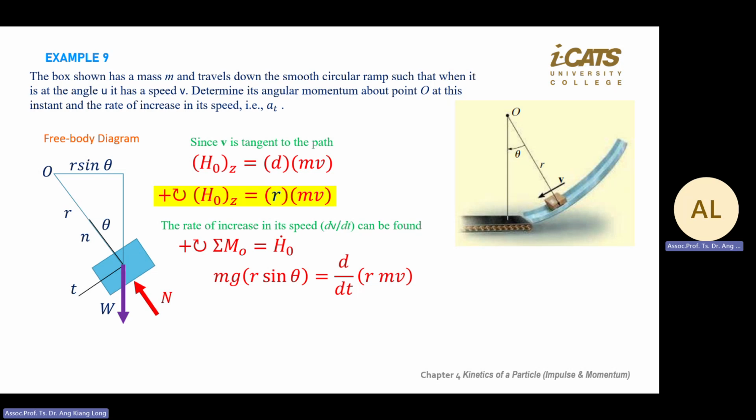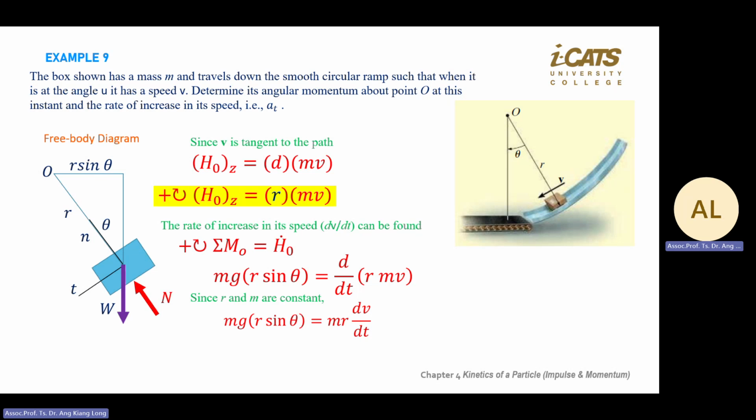So there's R multiplied by mv there. R is a constant because it's a constant length, and M is constant, mass doesn't change. So you can pull these two out and you only do dv dt.